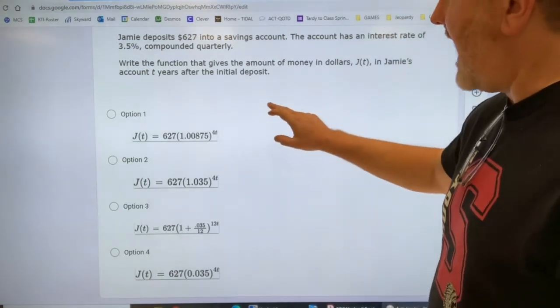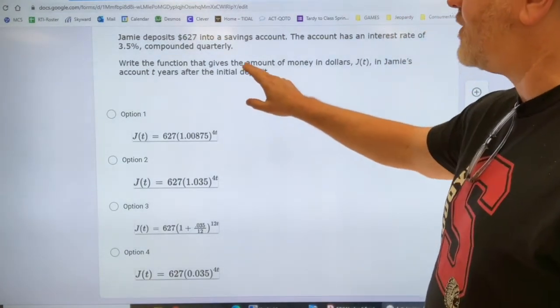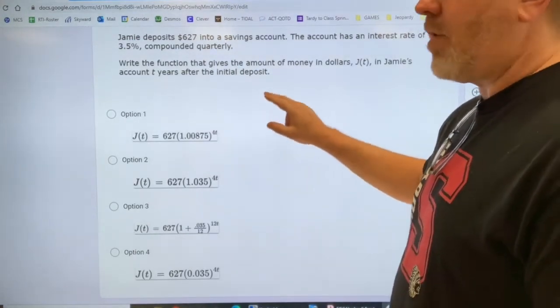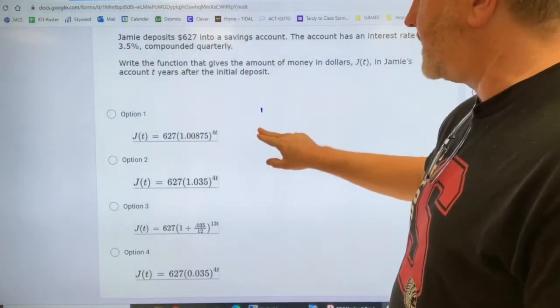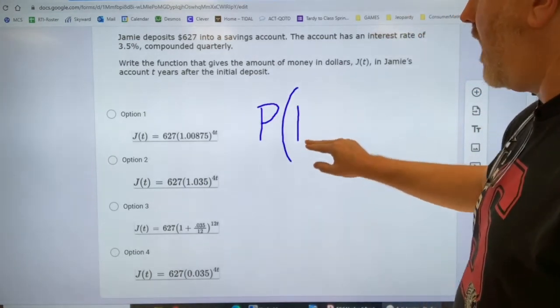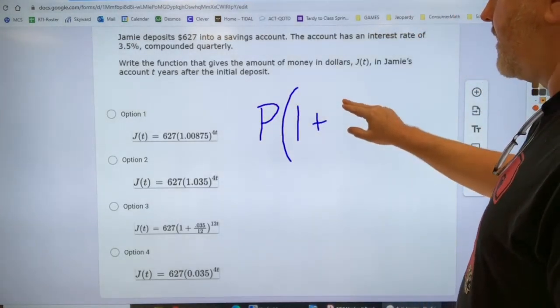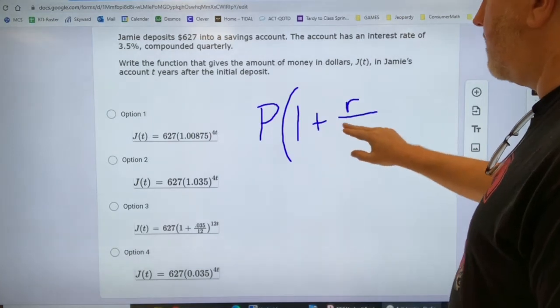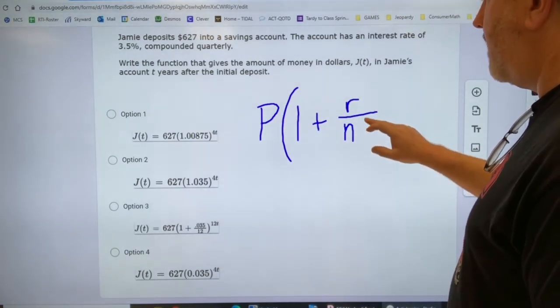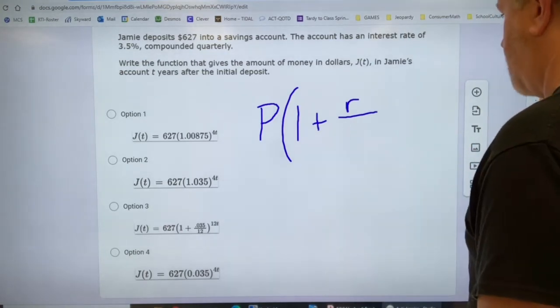So we're going to look at the formula that tells us about compounded quarterly. Now, compounded quarterly, hopefully you guys remember this. It's the principal amount times 1 plus the rate over the number of times it's compounded. Wait, I think I'm screwing this formula up.